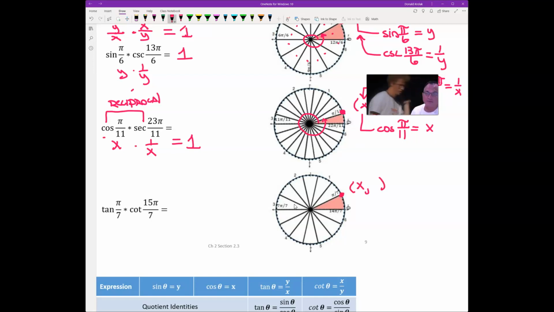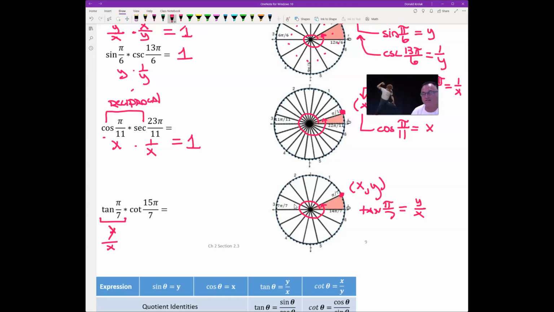Okay. So the tangent of this angle, the tangent of pi over 7, is going to be the y-coordinate divided by the x-coordinate. So y divided by x. Now the cotangent of 15 pi over 7. Well, that's 7 pi over 7, 14 pi over 7, 15 pi over 7.